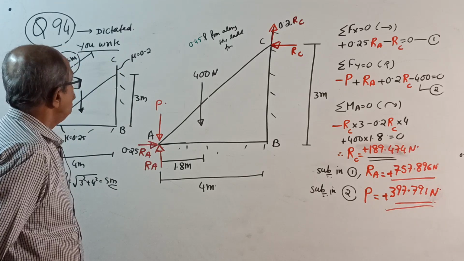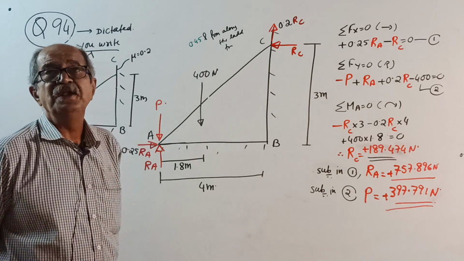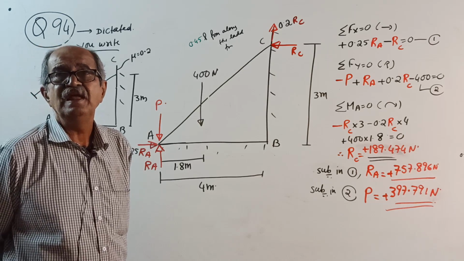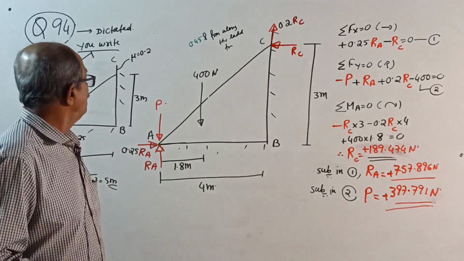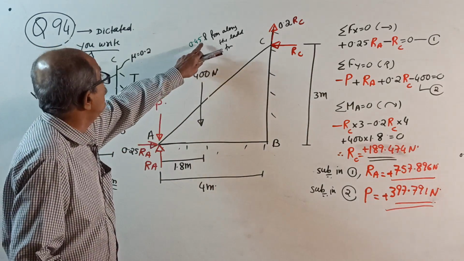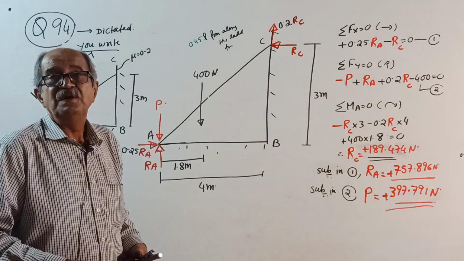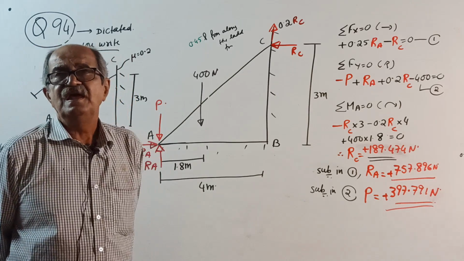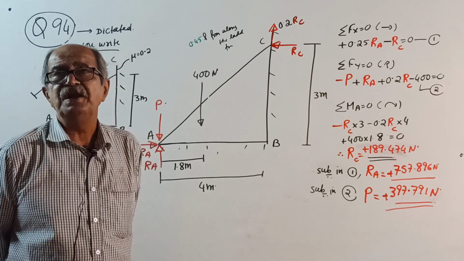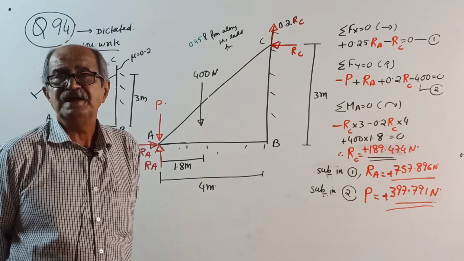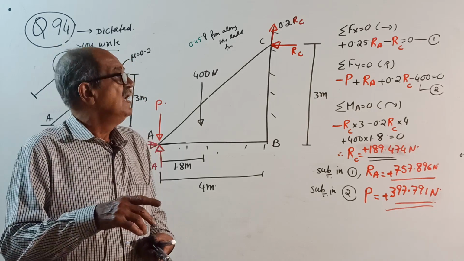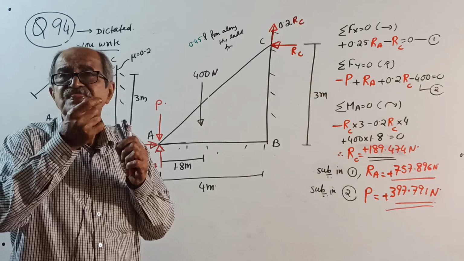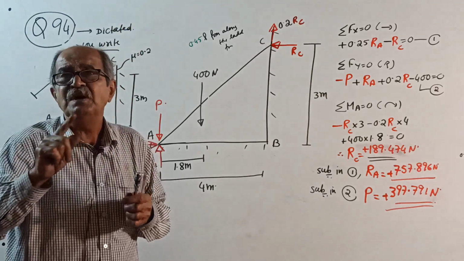A ladder weighing 400 Newton has its center of gravity at a distance of 0.45 of its length measured along the ladder from the bottom.